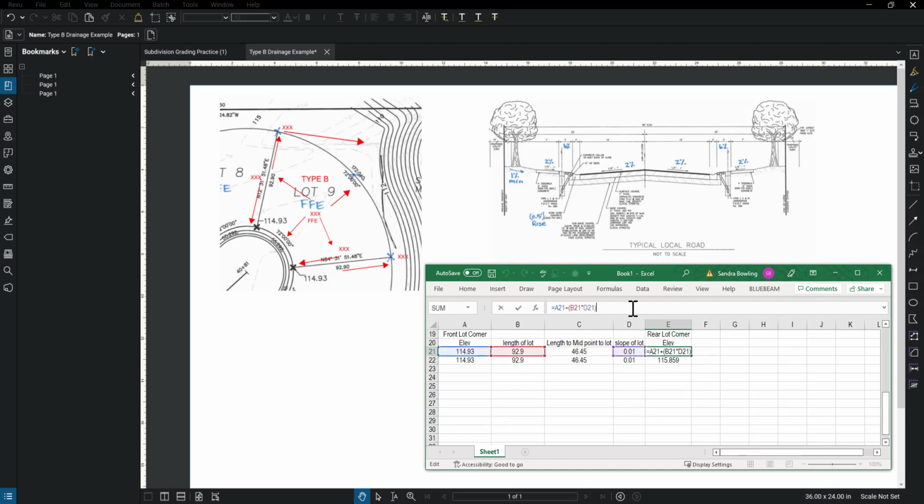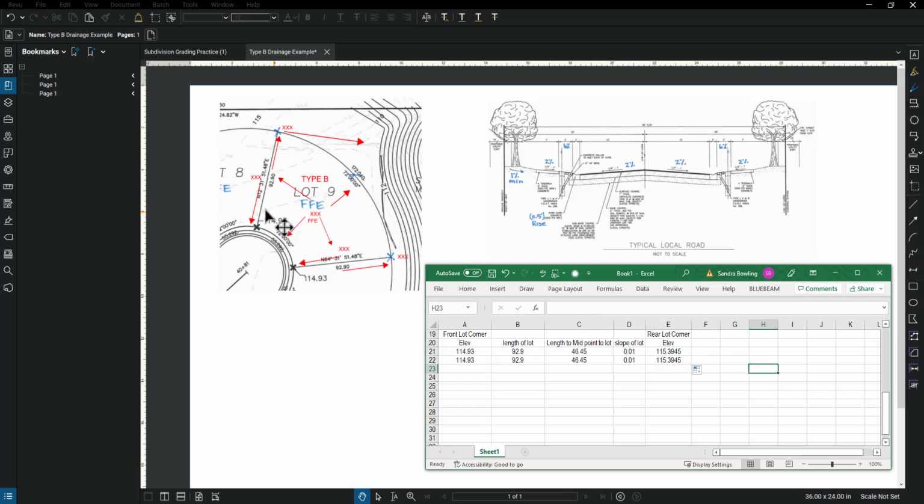So I am going to take the front lot corner plus the length to the midpoint of the lot times the slope. So that's what these values are.